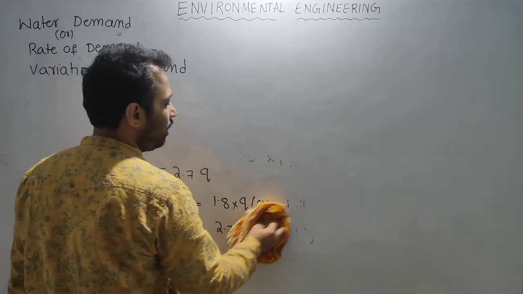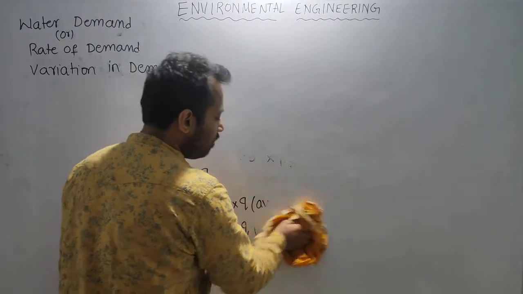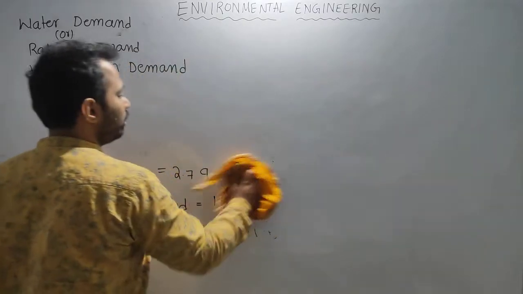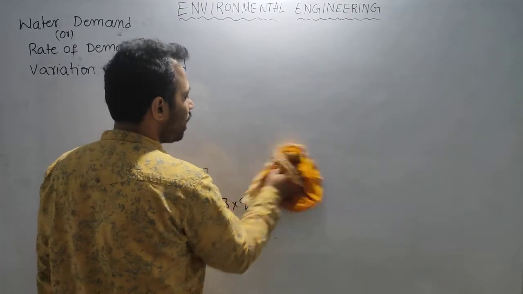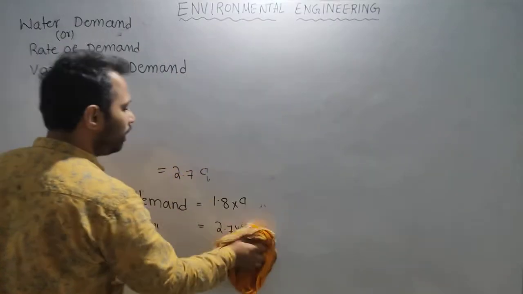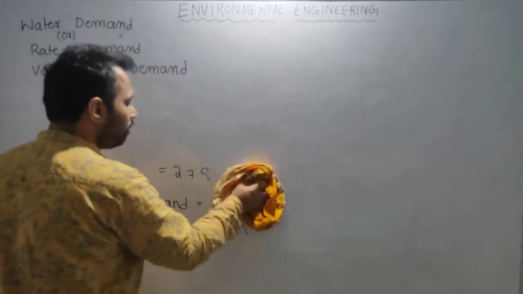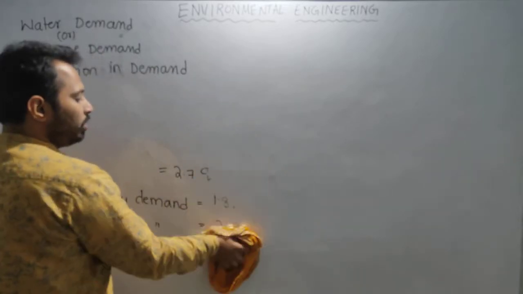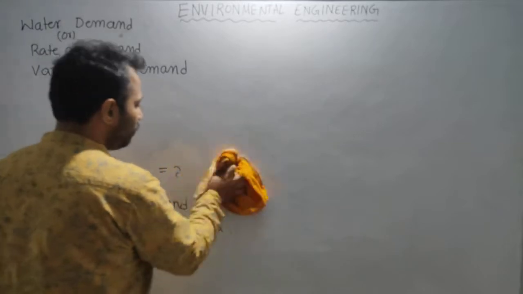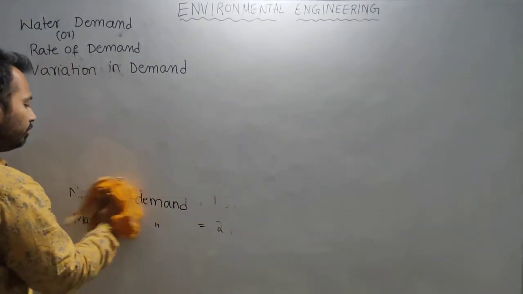Already maximum hourly demand has fire demand inside it, so there is no need to add fire demand to the maximum hourly demand value. Only for the maximum daily demand value we need to add the fire demand.